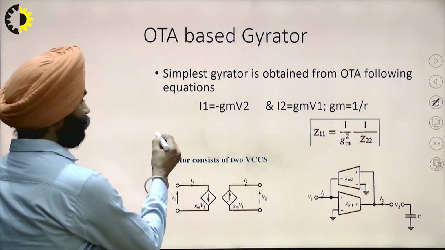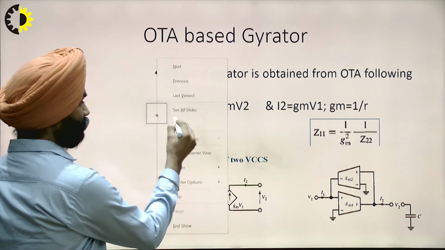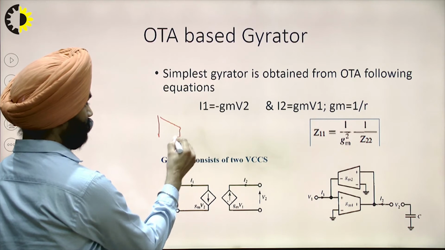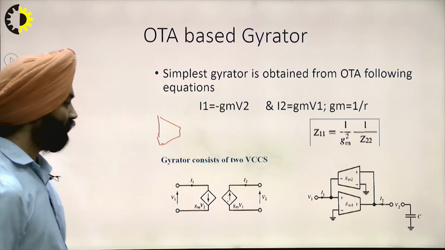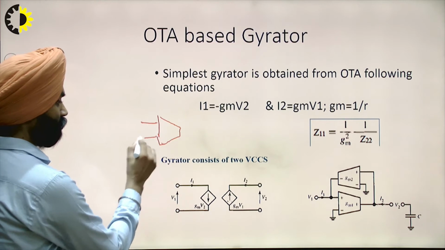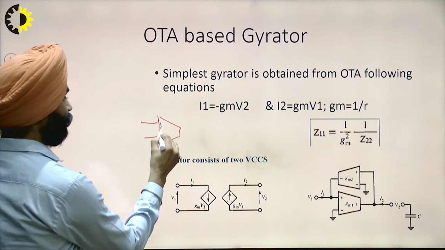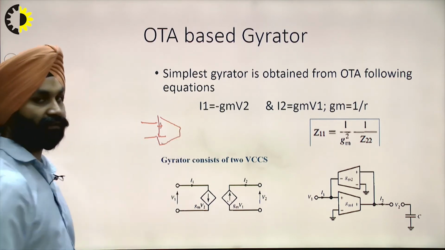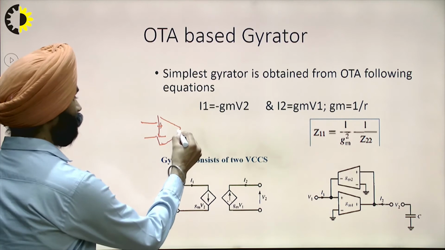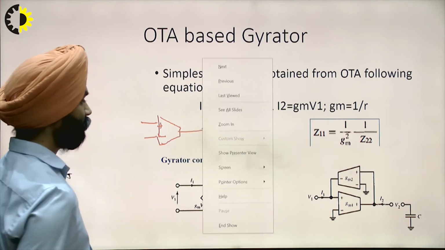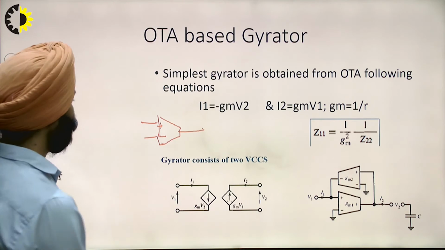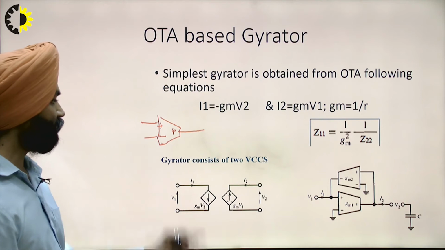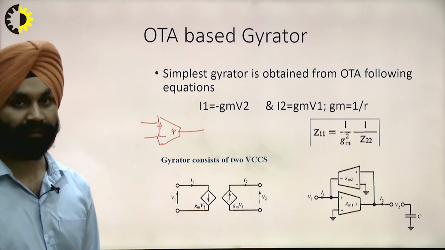Its symbol has two inputs, one positive and the other negative, same as an op-amp, but the op-amp's triangle is not completed here, it is a hexagon, and the output is a current. It can give currents. So this is the symbol of the gyrator, OTA, a transconductor.